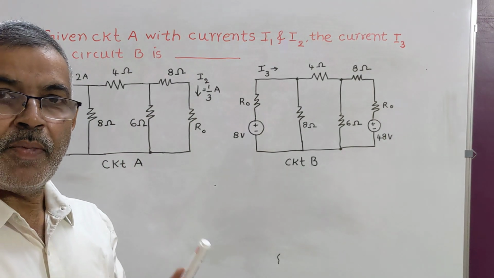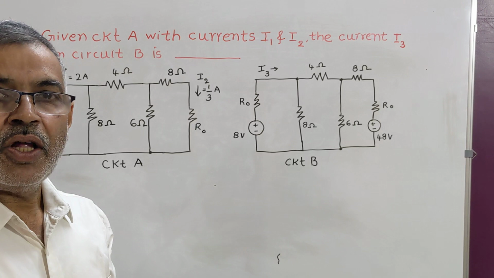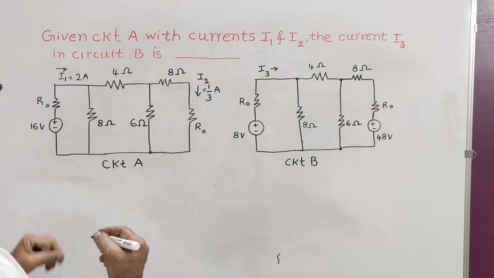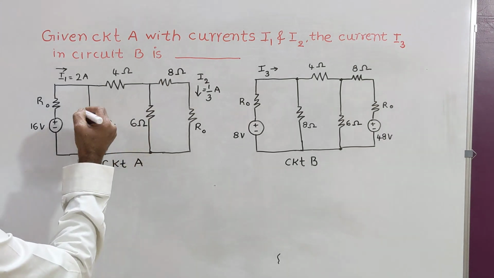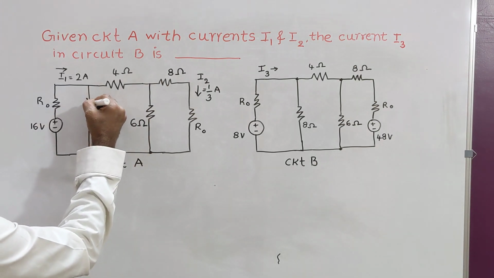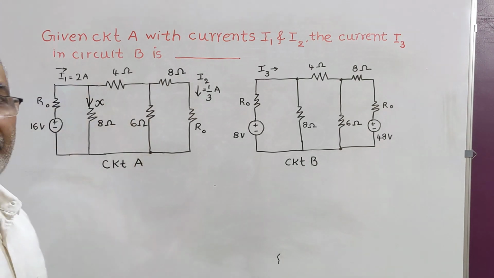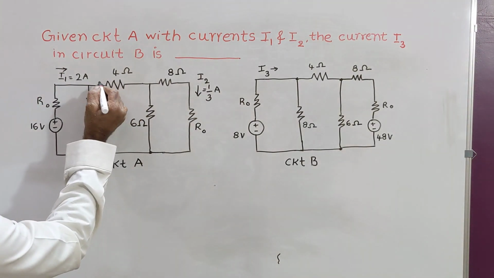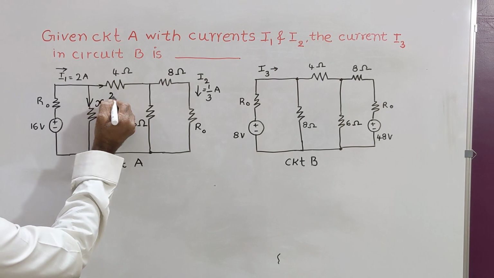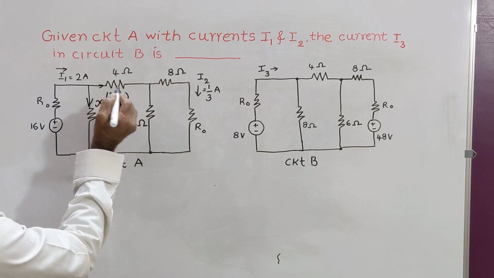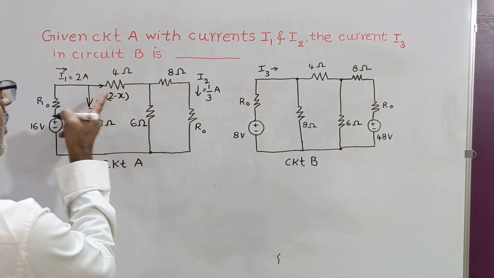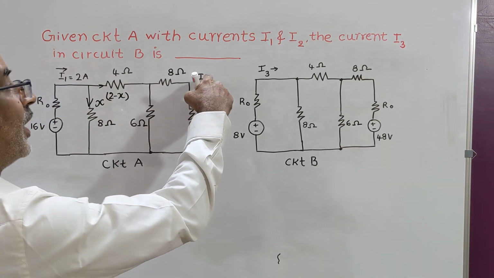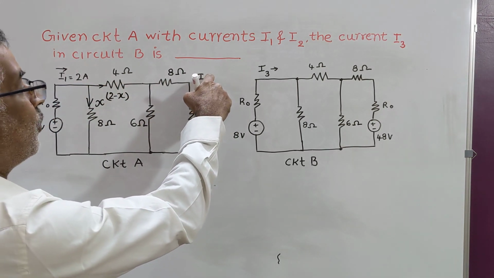Now if you look into this circuit, 2 amperes. Mark currents in all the branches by applying KCL. First I will mark this current as X. So this is X, and now this current becomes 2 minus X. And this current is I2.